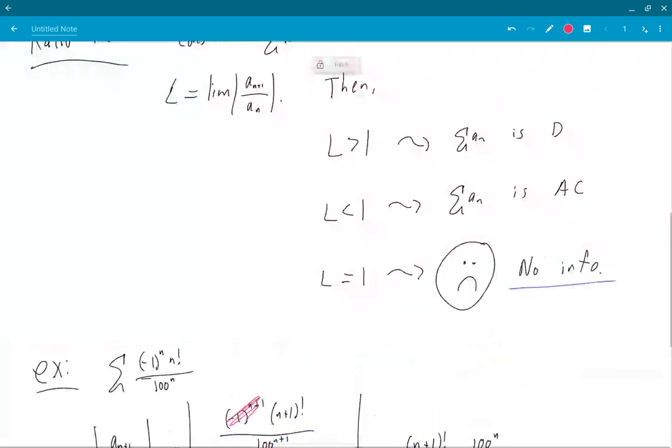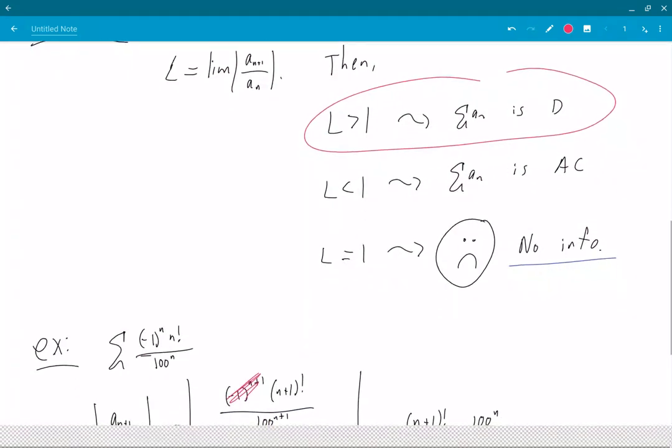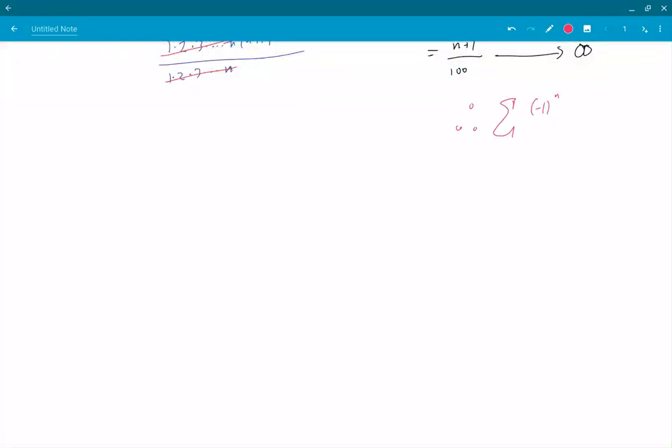Going back to our ratio test, we see that we have this scenario. The summation is divergent. And we should say by ratio test.